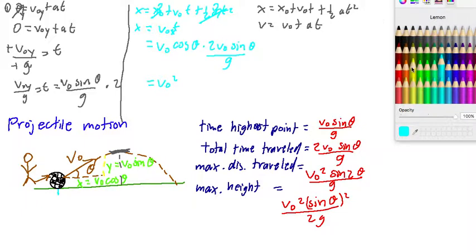And now I just want to point out an assumption that I'm going to make and skip this step. Sine times cosine times 2, to be more precise, using trigonometry, will give you sine 2 theta.